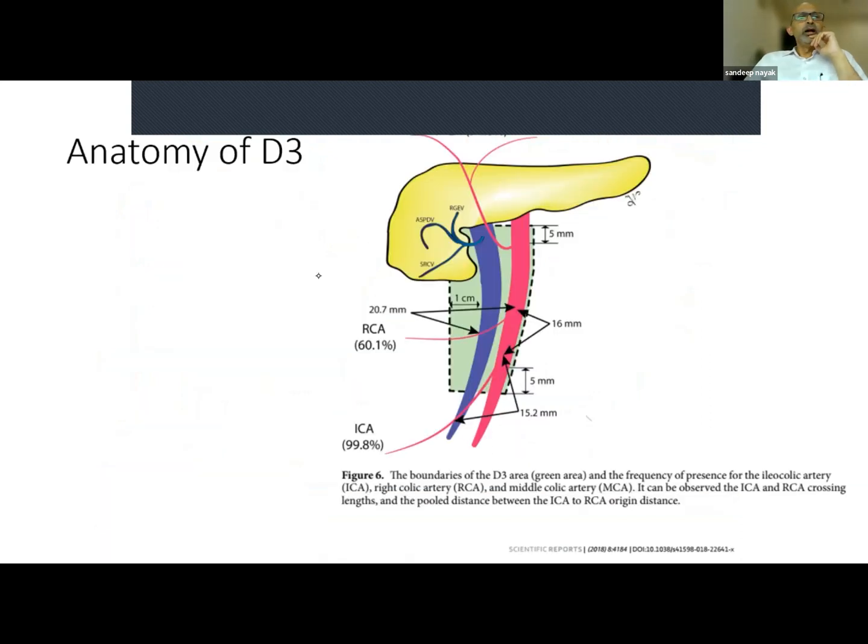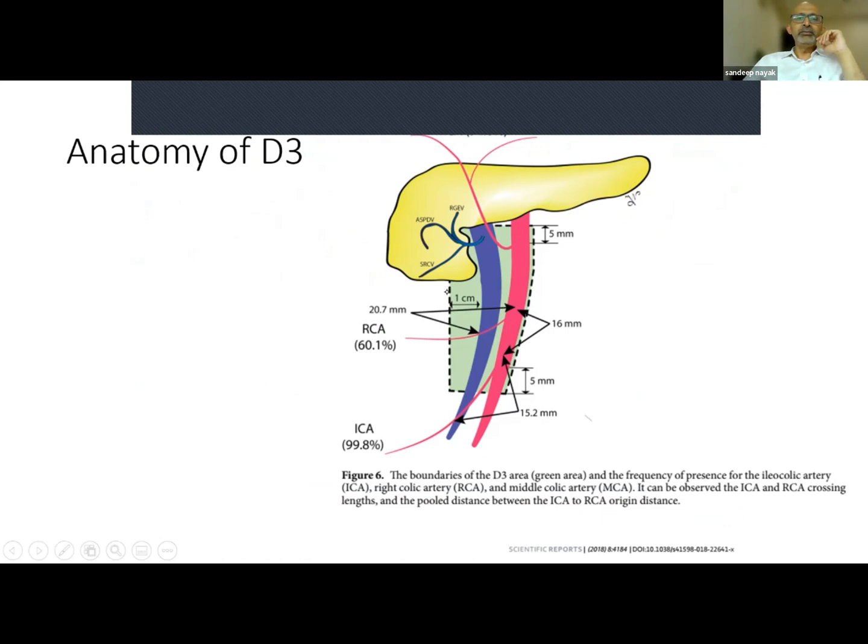Now, what anatomically does D3 dissection for right colon mean? This is how you define it. Up to 1 centimeter lateral, or to the right of the SMV, is where the D2 level ends.